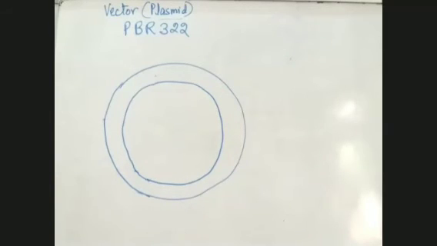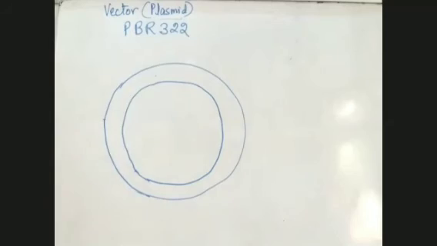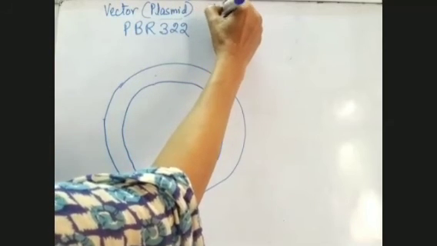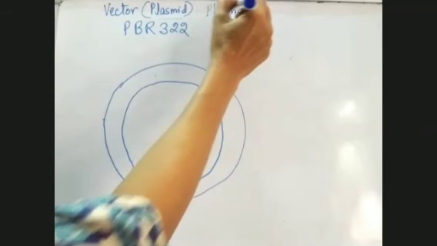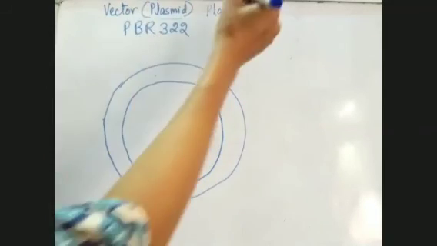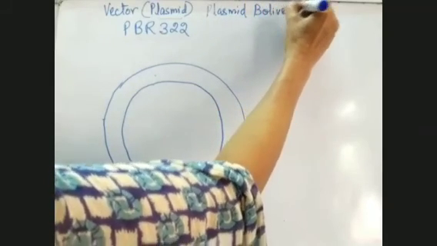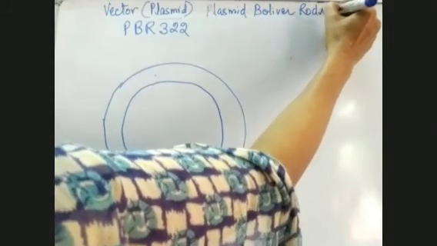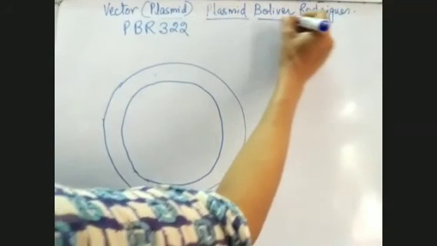And why has this P been used? PBR. P is plasmid. I'm writing here. P is plasmid. This B is Bolivar. And R is Rodrigues. Plasmid, Bolivar, Rodrigues.